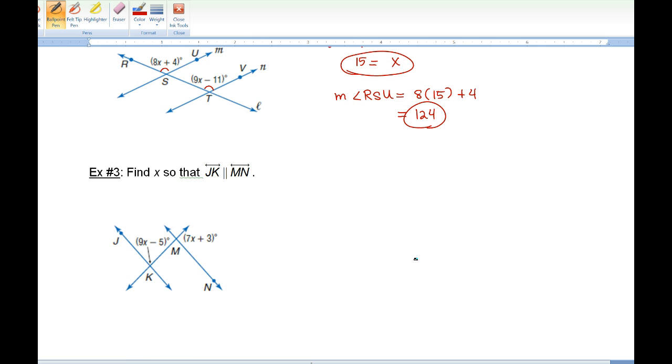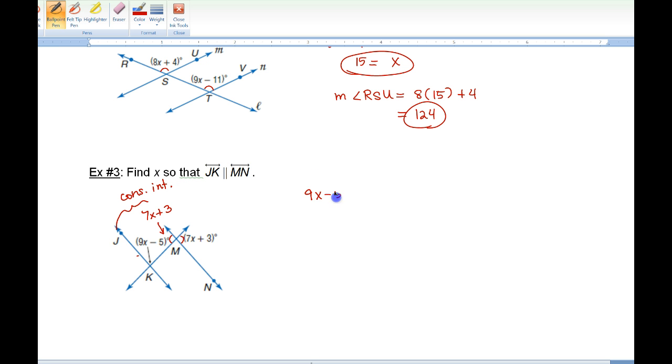Here, these two angles, this is 9x minus 5, this is 7x minus 3 here. These are not any special angle pair. But if this is 7x plus 3, notice those are vertical angles, so this one would be 7x plus 3 also. And then notice these are consecutive interior, which have to be supplementary if we want the lines to be parallel.